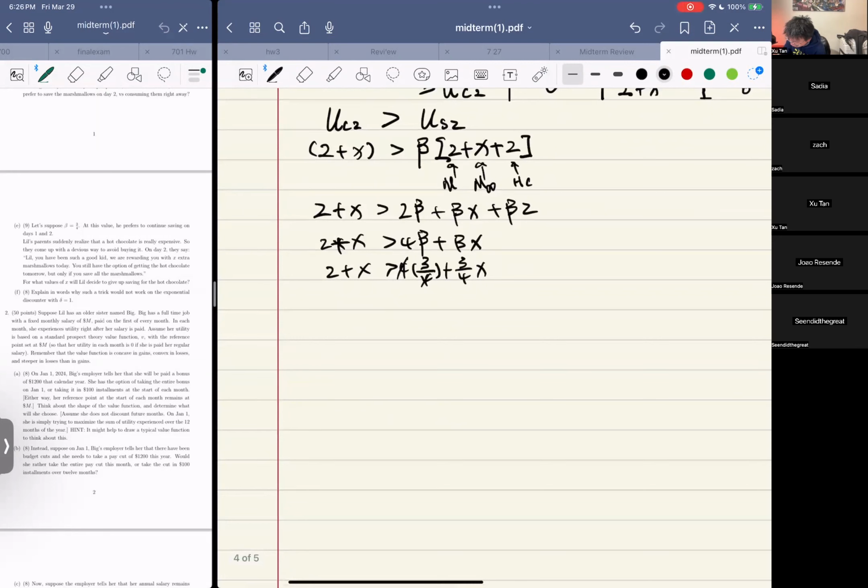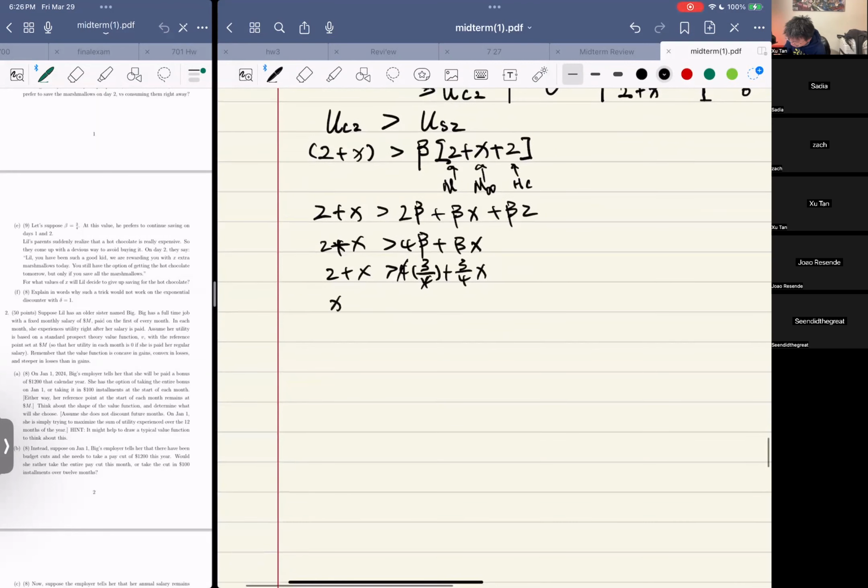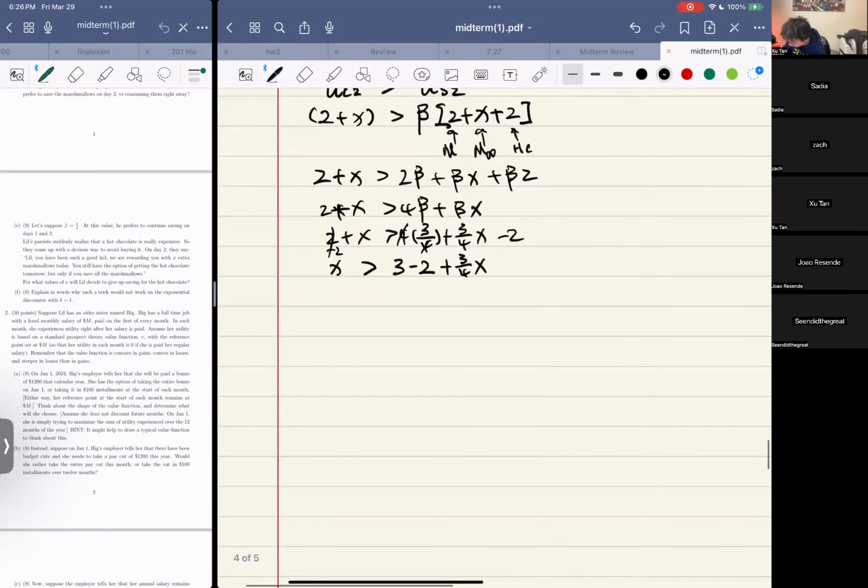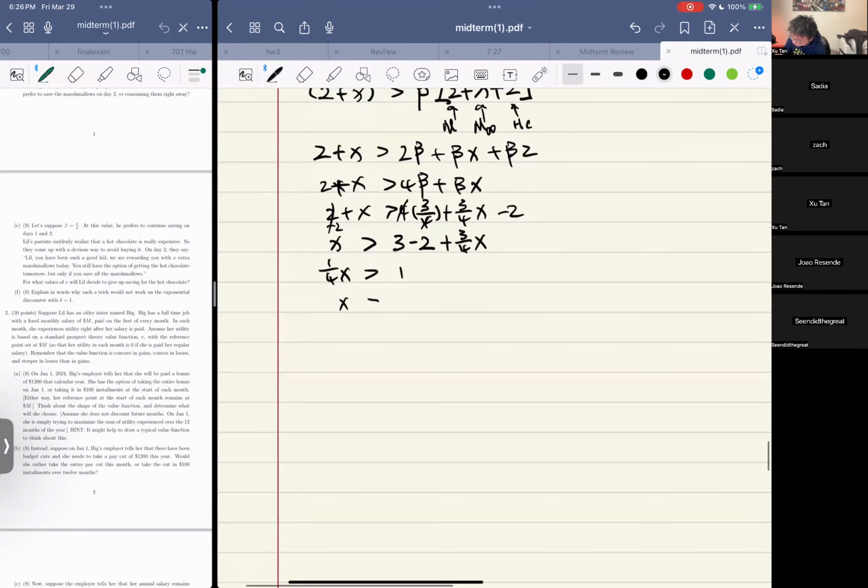We got X. So minus 2, minus 2. X is greater than 3 minus 2 plus 3/4 X. Minus 3/4 X. So 1/4 of X is greater than 1. We got X is greater than 4.